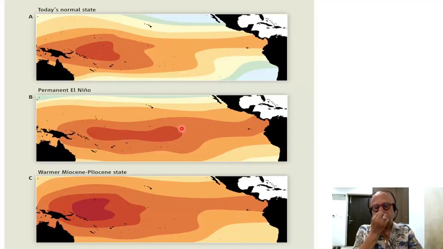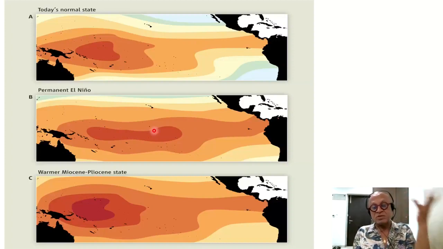During the Pliocene 3 to 5 million years ago, there was a so-called permanent El Nino where the temperature gradient was much flatter. What happens now is, once in a while when El Nino happens and this temperature gradient gets flattened like during this permanent El Nino, then there is rainfall over East Africa, anomalously high rainfall over East Africa.